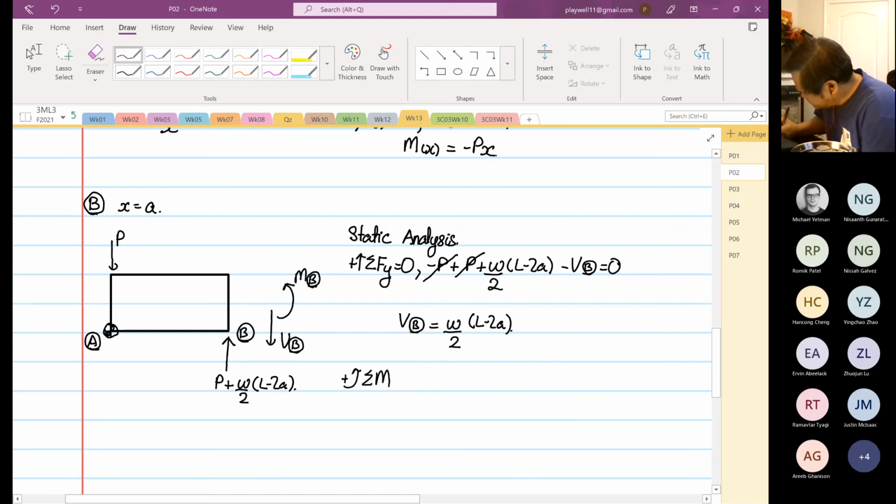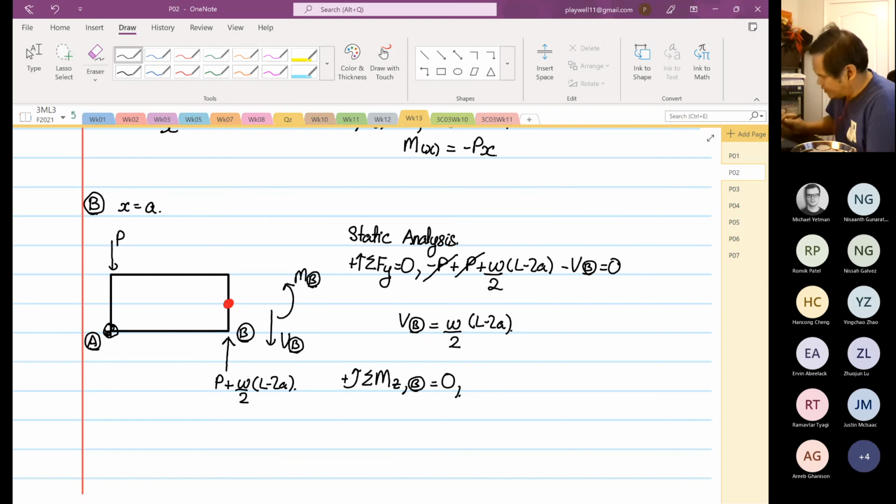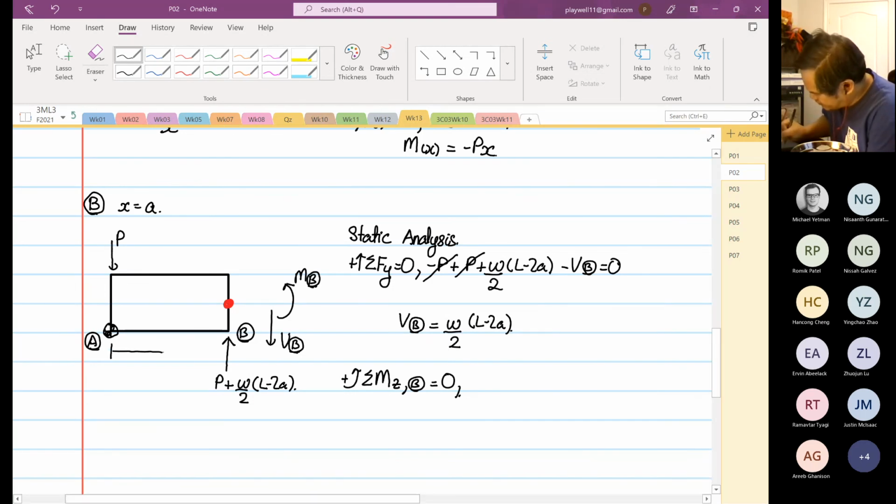Okay, then we go to our bending moment. Summation of moment about Z at point B is equal to 0. So now again, I will repeat myself. We are taking moment at the red dot. Okay, so you will always remember. We know that the distance from here to here now is A, right?